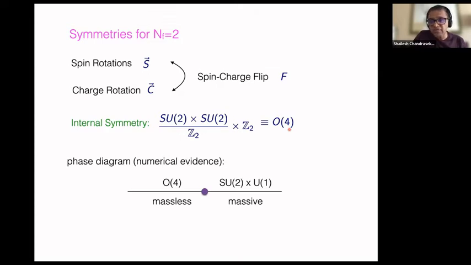So the phase diagram of this theory, in fact, we had numerical evidence of it. We were interested to know how this symmetry breaking occurs. And what we have evidence for is that for small couplings, alpha small, close to the free fermion fixed point, we have, of course, massless fermions.